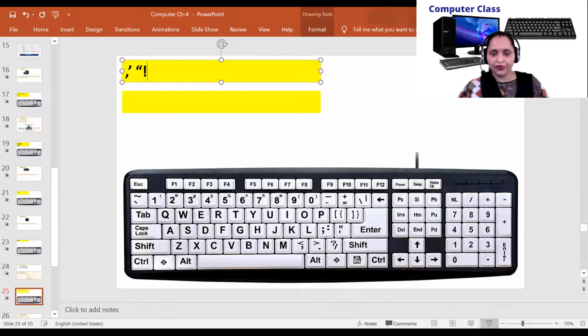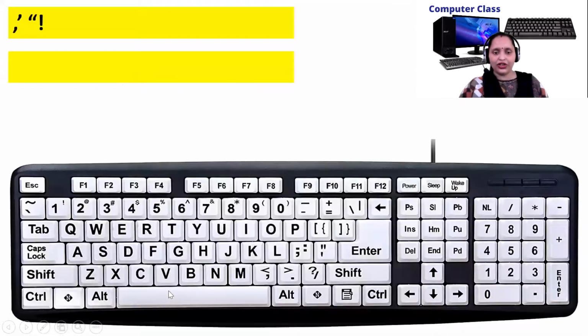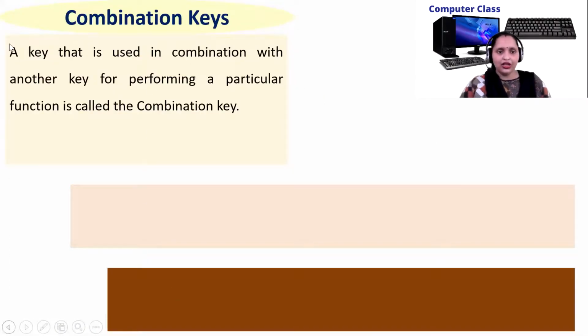Clear, children? Okay, let's move further. Next, combination keys. There are certain combination keys which are very essential for us to learn. First, let us understand what combination keys are.